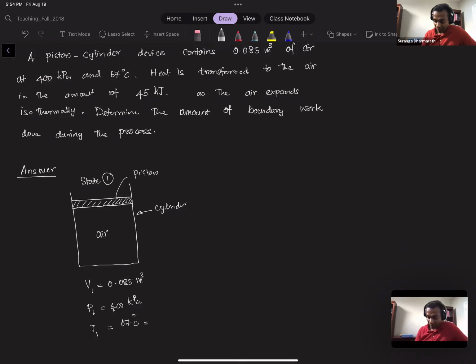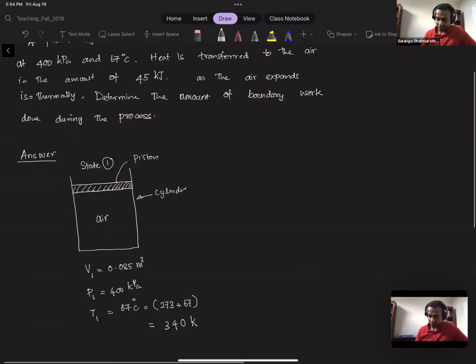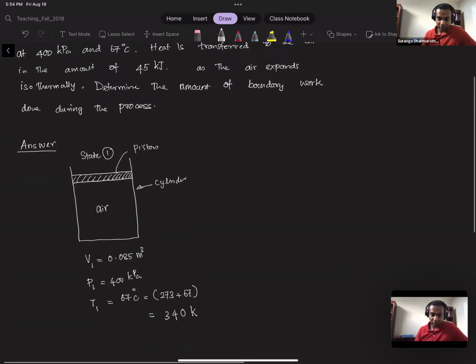If you add 273 to 67, you'll get the Kelvin value, which is equal to 340 Kelvin. That's the absolute temperature, 340 Kelvin.